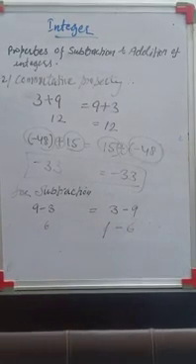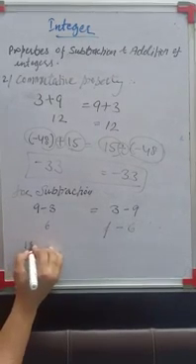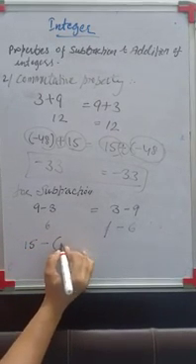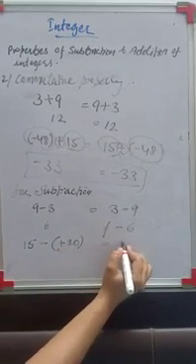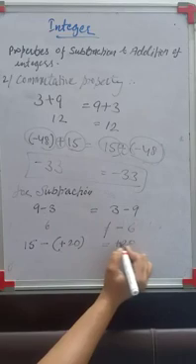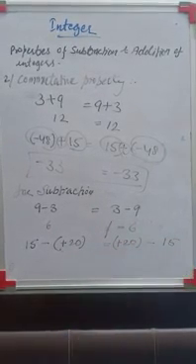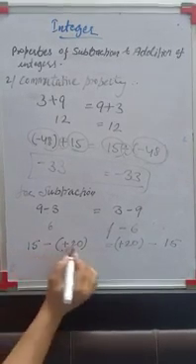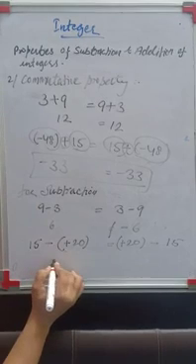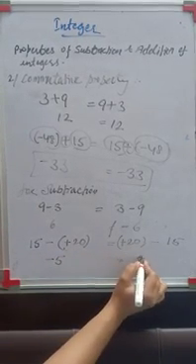No. Similarly, for example, if I say 15 minus 20, and then I am writing 20 minus 15 over here. Now check the results. 15 minus 20, what will the result be? It will be minus 5. And for here it is 5.